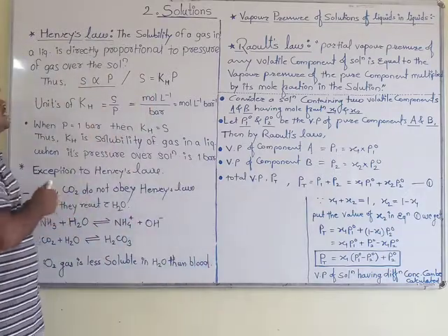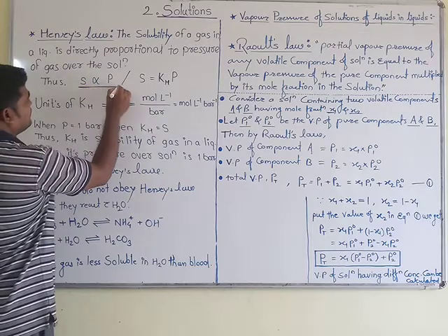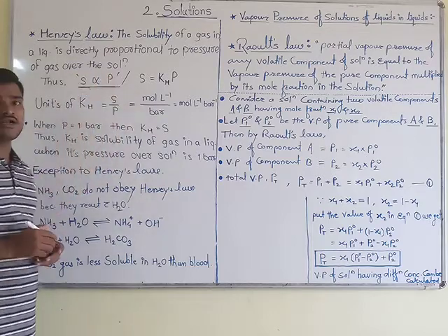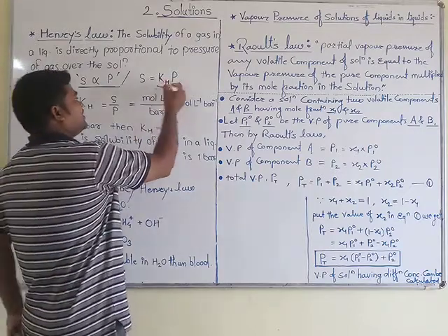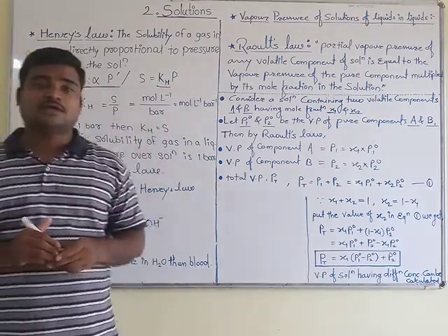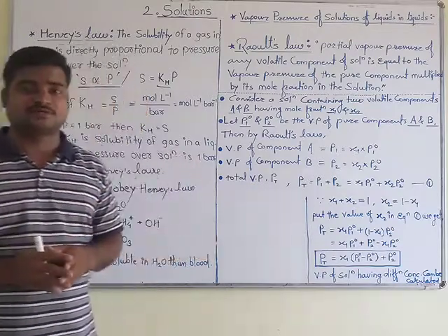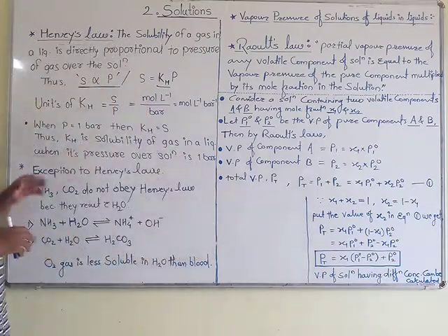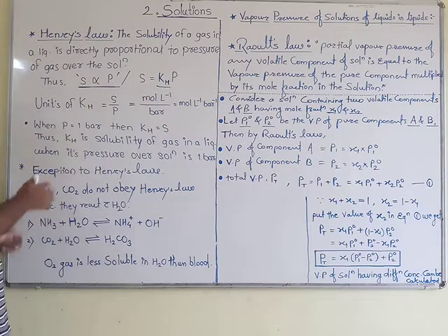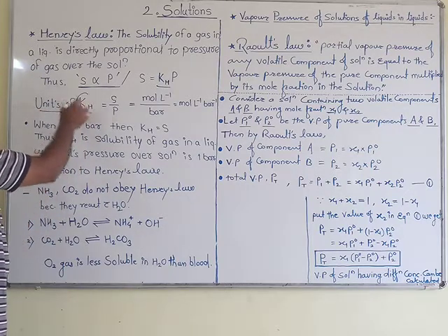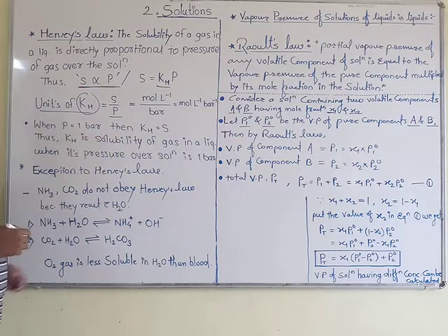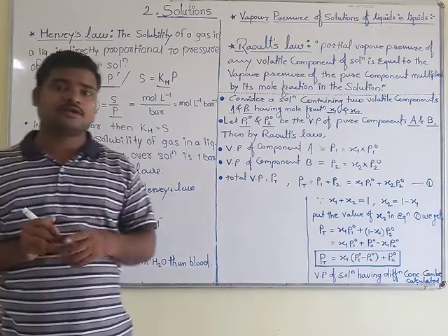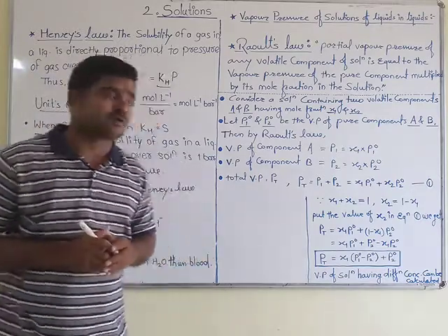So according to its statement, we can write this relation: S is directly proportional to the pressure. Here, the term Kh is nothing but the proportionality constant. If we want to determine the units of Kh, we can take the ratio of S divided by P, solubility divided by the applied pressure.